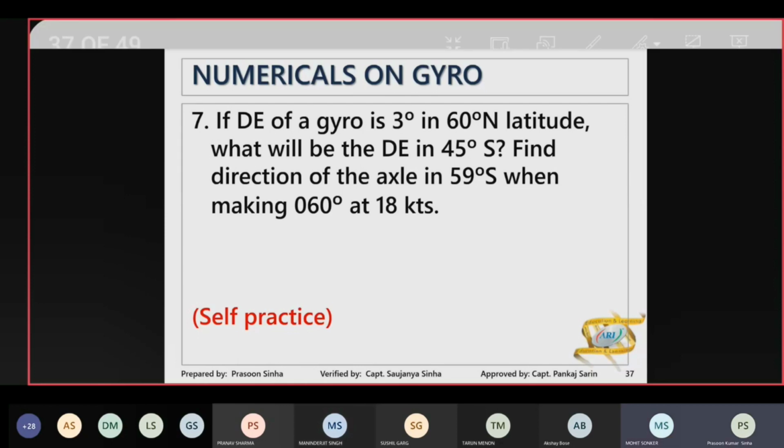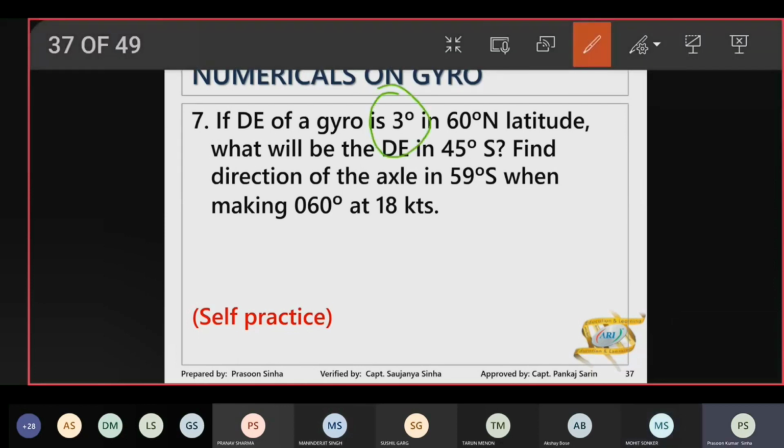So we already have a DE given, which is 3 degrees in a given latitude north, and it is asking 45 degrees south.